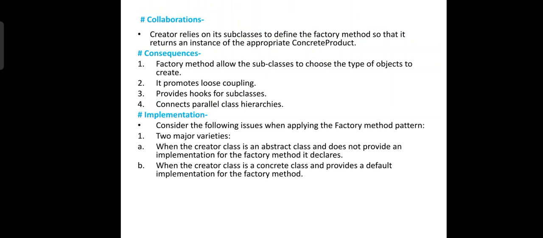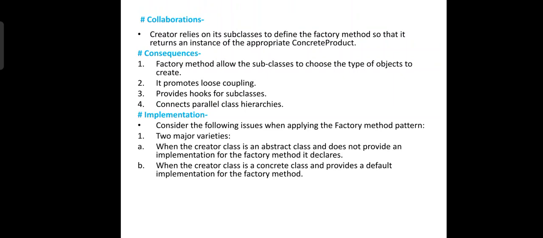Let us discuss the collaborations of factory method. Creator relies on its subclasses to define the factory method so that it returns an instance of the appropriate concrete product. Then, consequences of the factory method. Factory method allows the subclasses to choose the type of objects to create. It also promotes loose coupling by eliminating the need to bind application specific classes into your code.